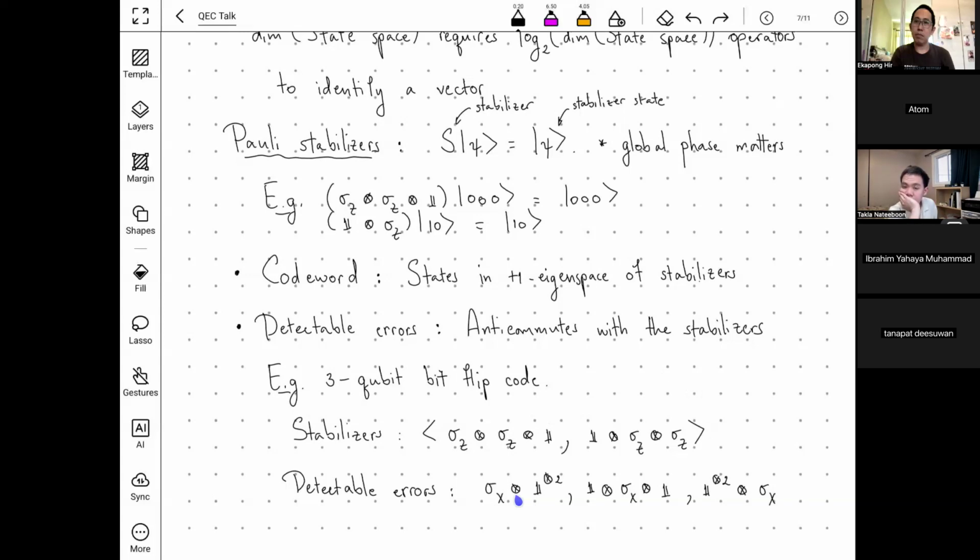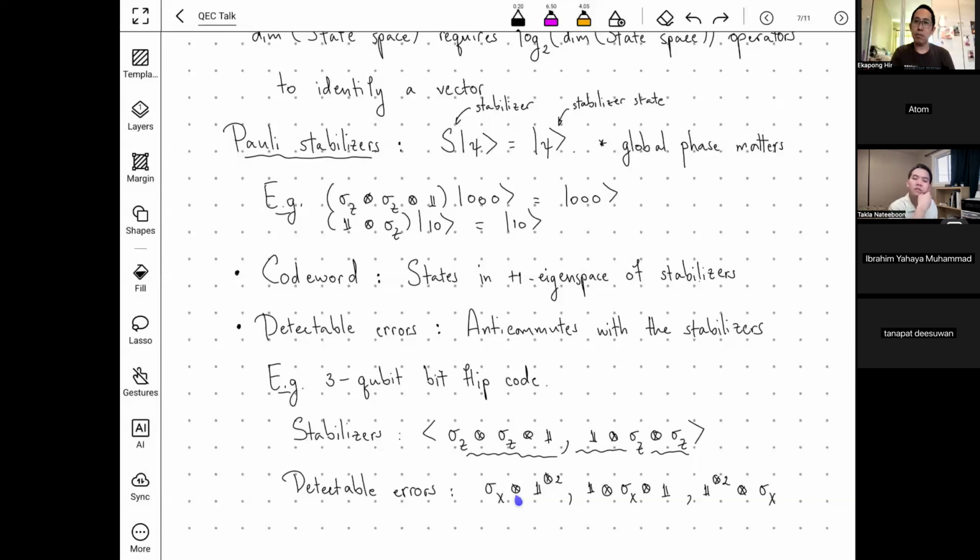You can use these two stabilizers to form more stabilizers, and to build the code you can select any one of those products. These two here represent the whole set of stabilizers, which is called the stabilizing group.